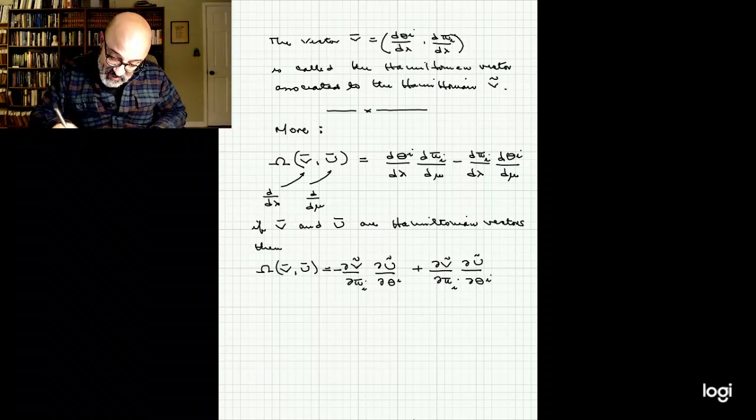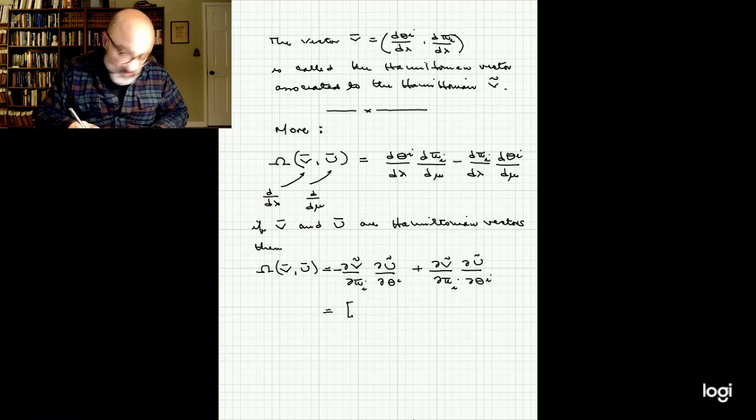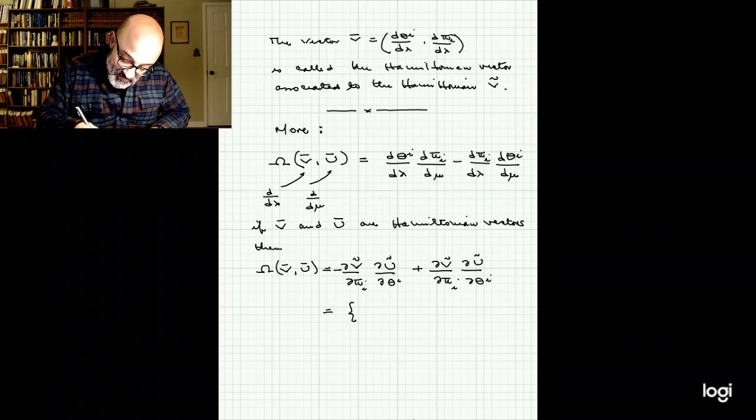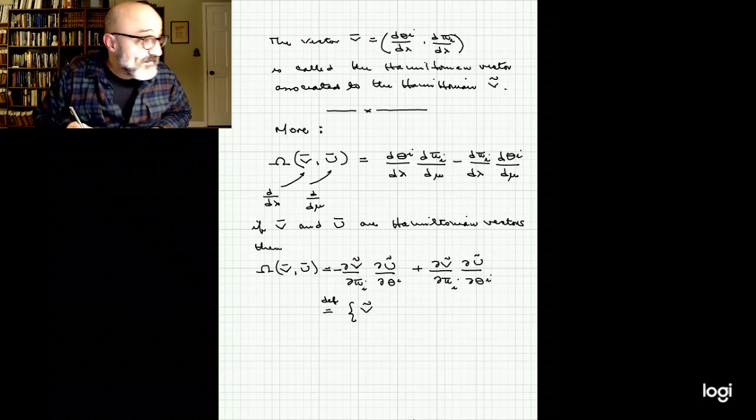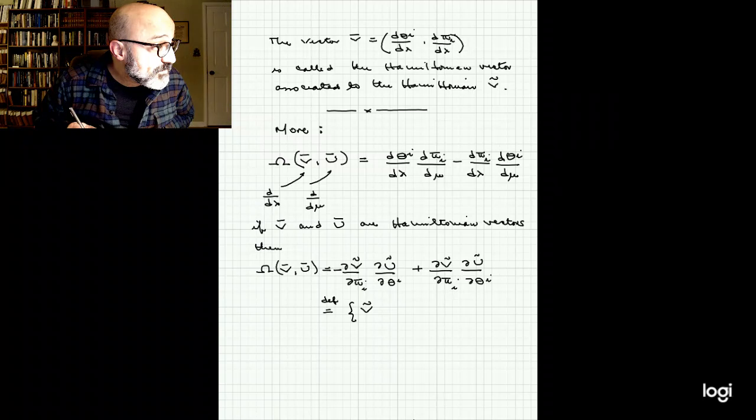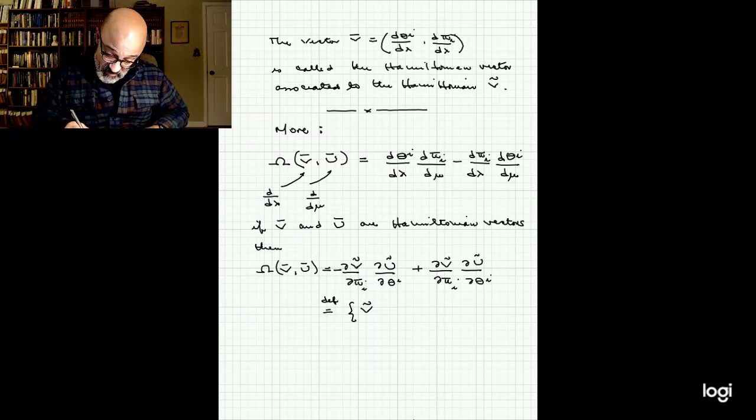Very good. What we have here you may recognize as the Poisson brackets of v, dv. Did I do this right? I have something wrong.